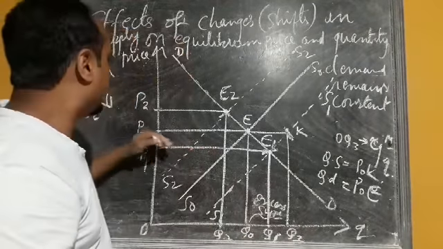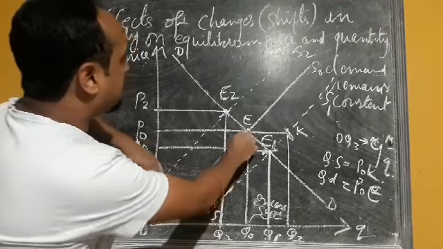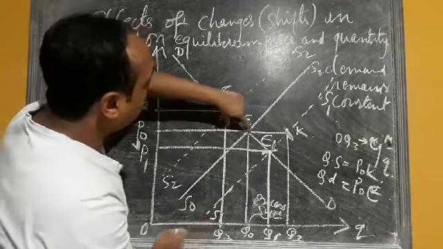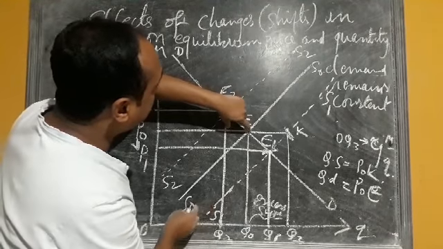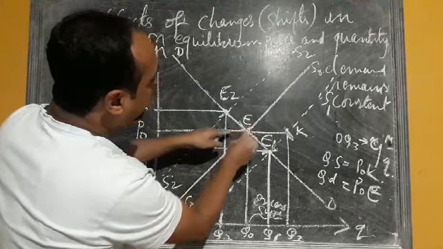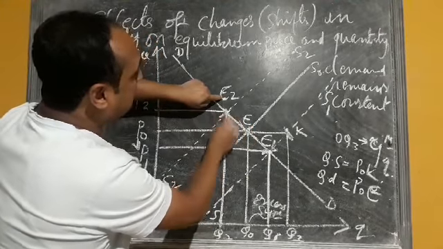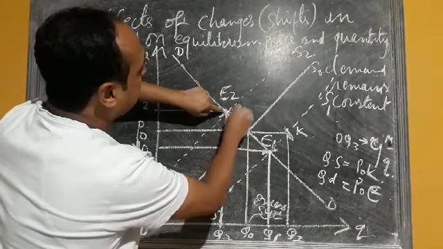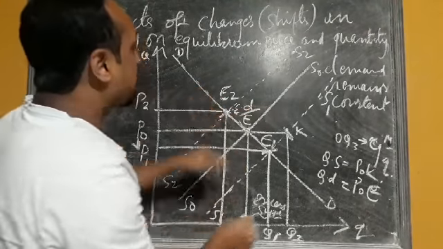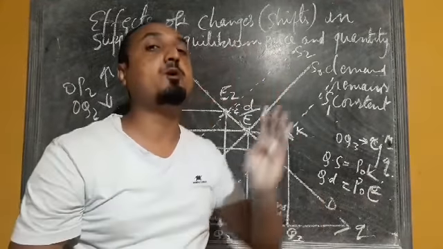Now here if we consider the initial price, our supply curve is here. Now this creates the situation of excess demand. Demand is still here because this is our demand curve, but supply is only till point E2. And because of that excess demand, we know that it exerts an upward pressure on the price.